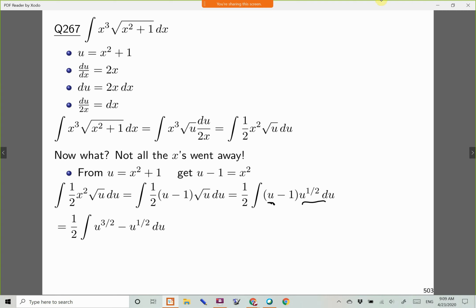So this hidden exponent of 1 here and the exponent of 1/2, you add those together, and 1 plus 1/2 ends up being the 3/2 exponent that you see right there. The next one, when you distribute to the other term, you've got u to the 1/2 times 1. Well, there's not much to say about times 1. You get u to the 1/2. And the minus sign here comes from the distributive law.